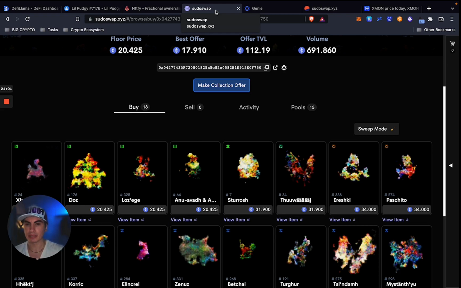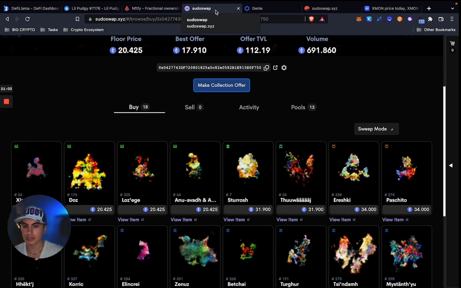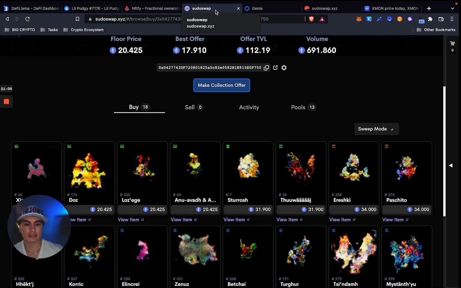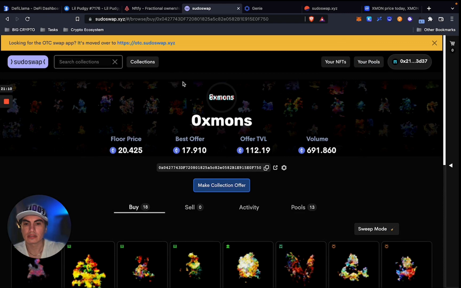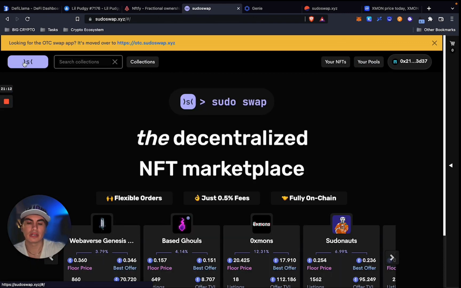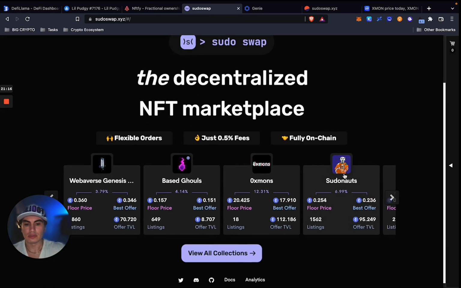And ultimately, I think this benefits both the users and the creators at the same time. So yeah, SudoSwap, the leading and the only one that I'm aware of as an automated market maker NFT marketplace. So do check it out.